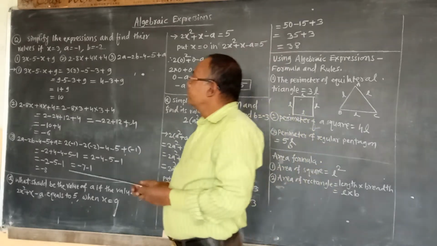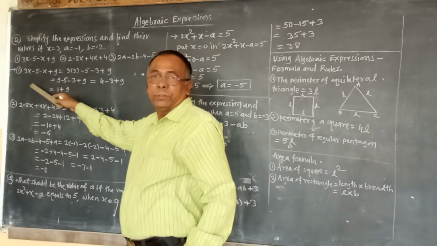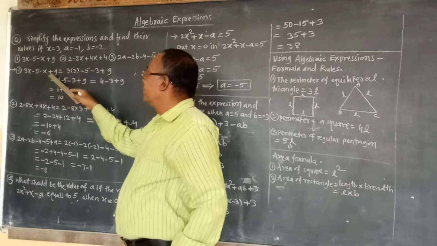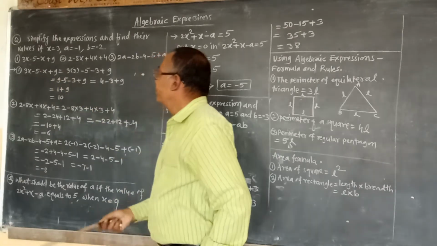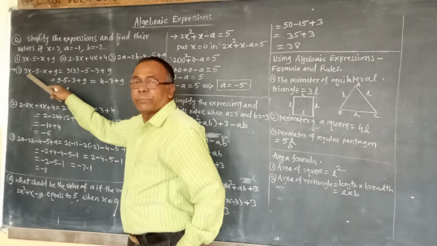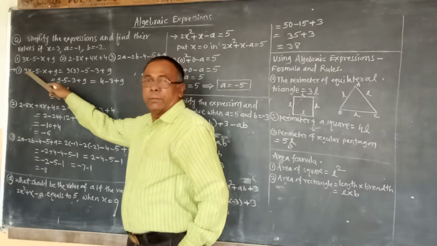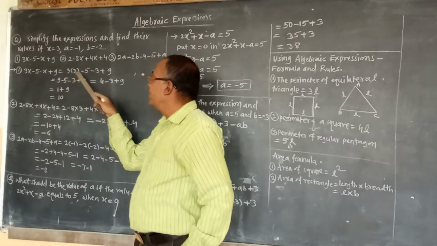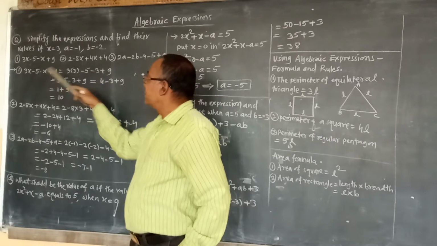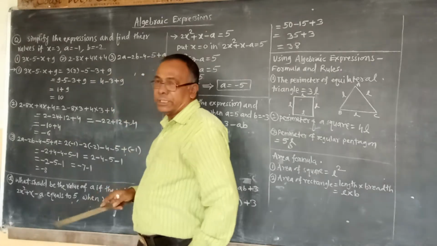Here we have to substitute the value of x in the first expression. 3x minus 5 minus x plus 9 is equal to... Now we have to substitute x is equal to 3. Means 3 into 3, because 3x is there, and multiplication is meant, so 3 into 3 minus 5 as it is, minus x, but the value of x is 3, and plus 9 as it is.